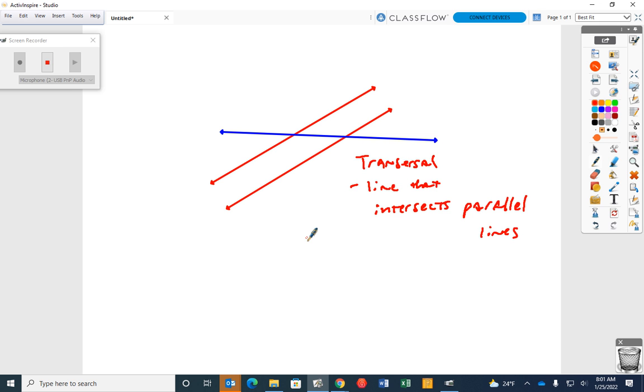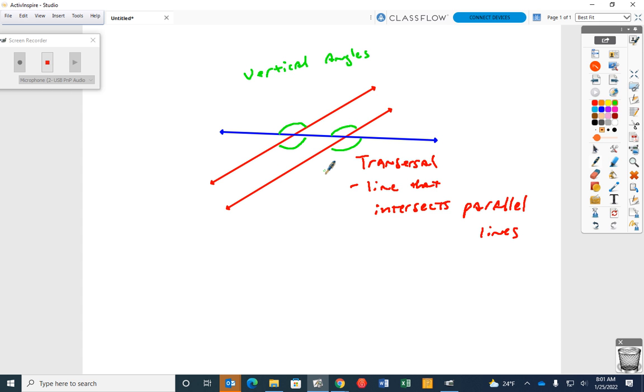In other words, angles that are on opposite sides of this intersection, this angle is going to be the same as this angle. Those are what we call vertical angles, and they're the same measure. Because these two lines are parallel, this is also going to be the same as this. All of these are the same.